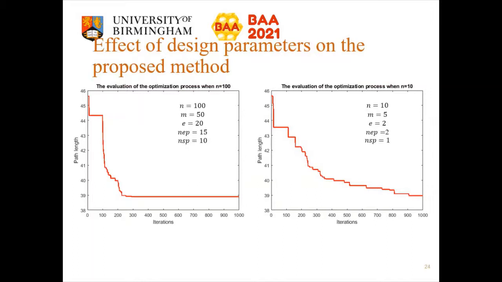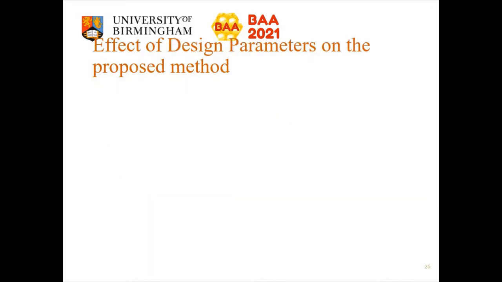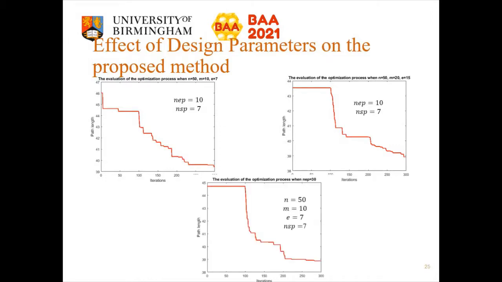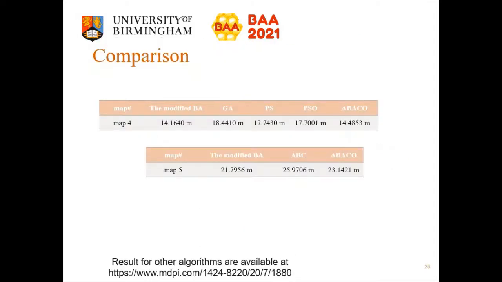It's clear the proposed method can find the optimal solution smoothly and quickly when parameters are big. The two figures show the impact of changing M and E when N is constant. And this figure illustrates the impact of big NEP on solution evaluation.